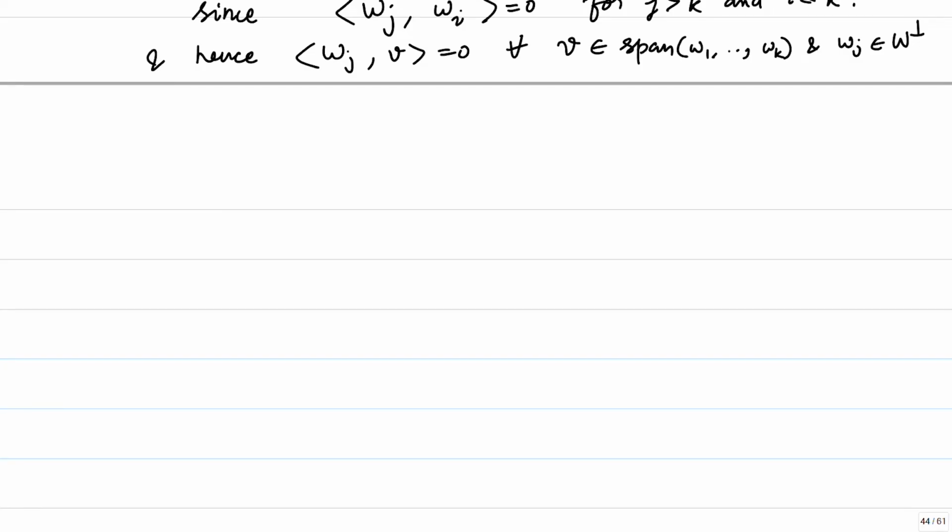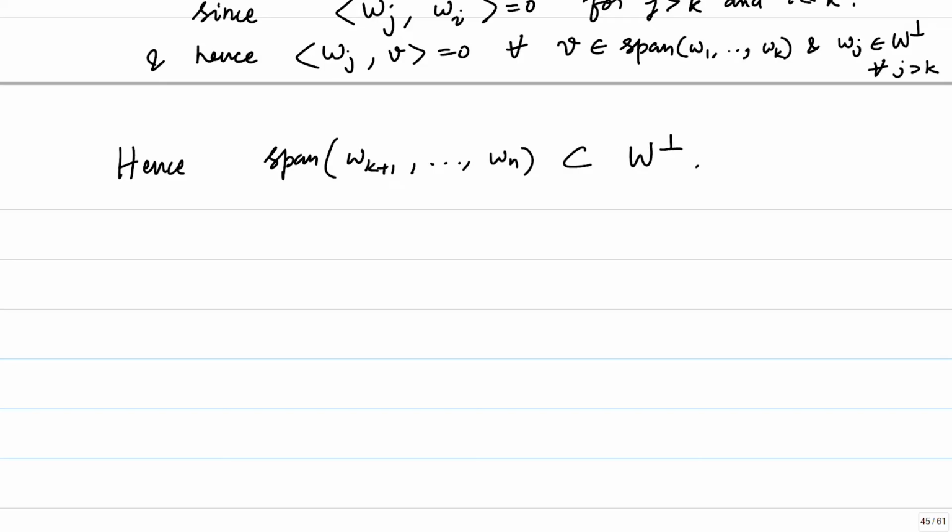But the orthogonal complement of w is a subspace, and hence the span of wk plus 1 to wn, so this is for all j greater than k, is contained in the orthogonal complement of w. Now let's prove the other way.